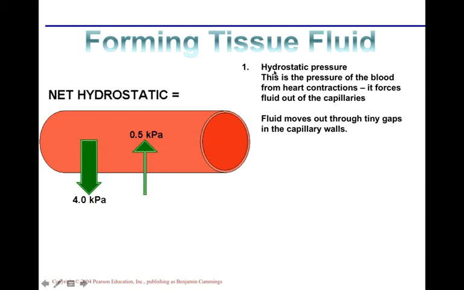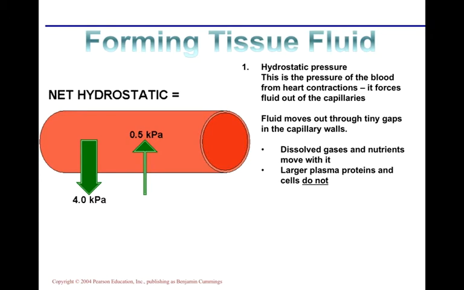And then the fluid on the outside of the vessel pushing the other way is that fluid's hydrostatic pressure. We can see on this diagram that the pressure pushing out is greater than the pressure pushing the other way. And so our net hydrostatic pressure in this case will be 3.5 kilopascals going out.